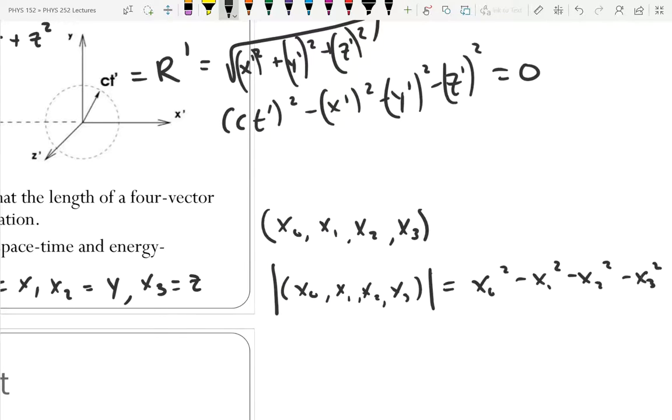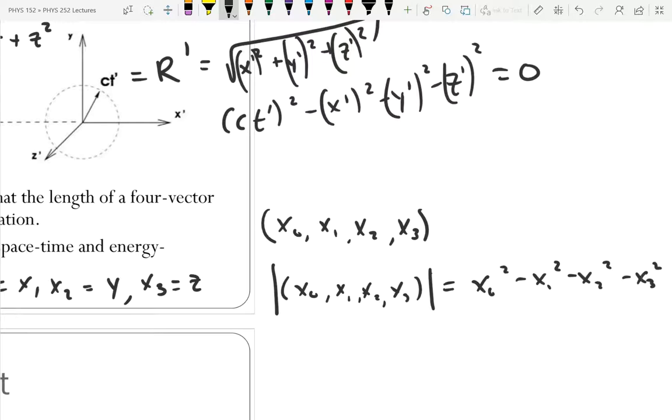Now, like I said, there's a lot of linear algebra I can show you that relates to this, but I don't want to confuse things too much. That gives us our 4-vector invariant. What's important about it is that it doesn't change from one reference frame to another. Here the value would be 0, which is kind of trivial.